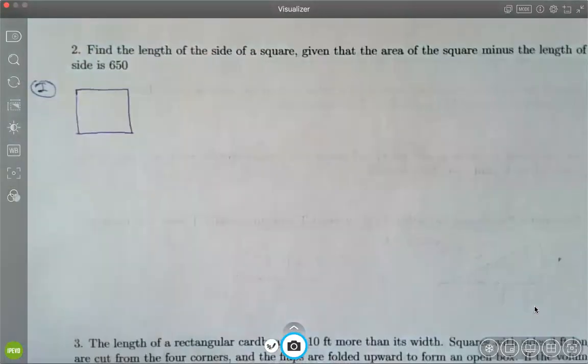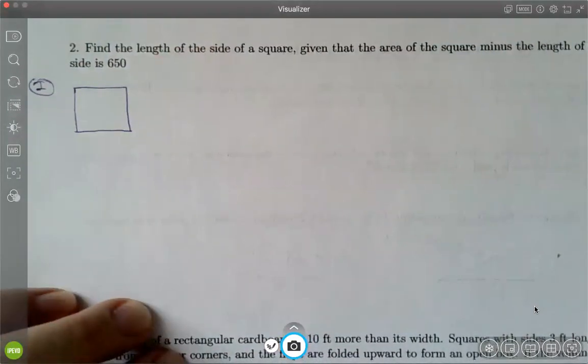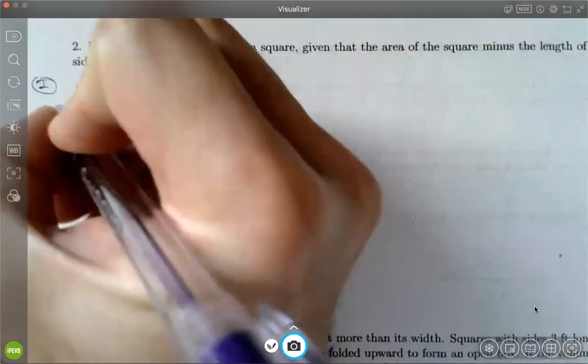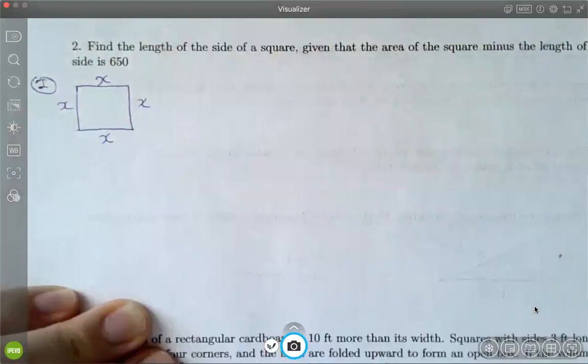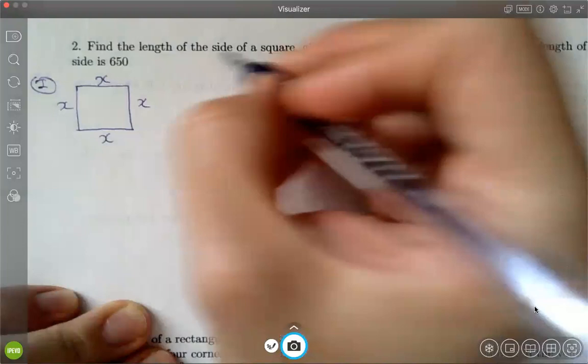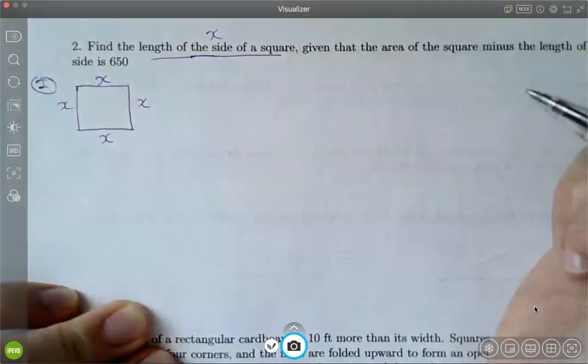What are we trying to find? The length of the sides. Right? Which is what? X, right? Which means they're all equal, okay? So the length of the side is x.